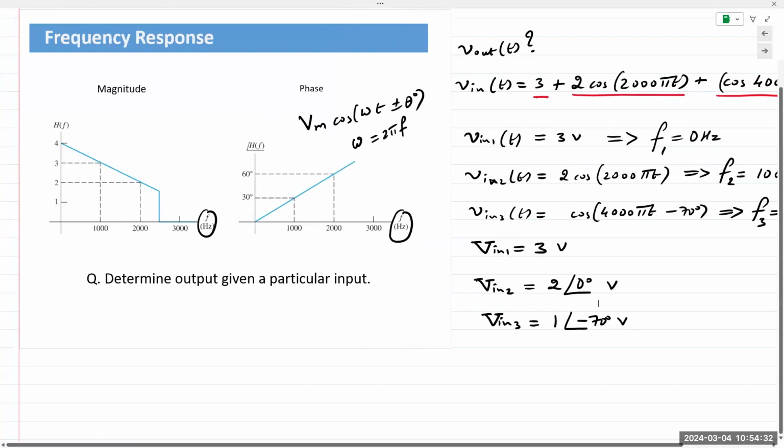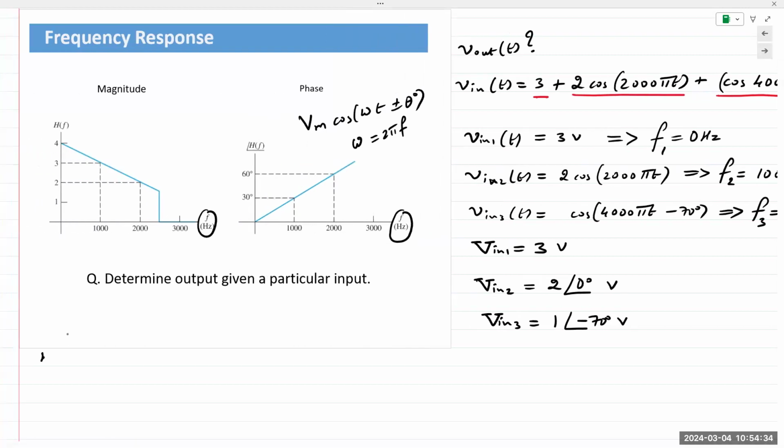Okay, let's go over the chart and write out the transfer function at each one of these frequencies. H of 0 is right here. It is 4, and the phase angle is, of course, 0.